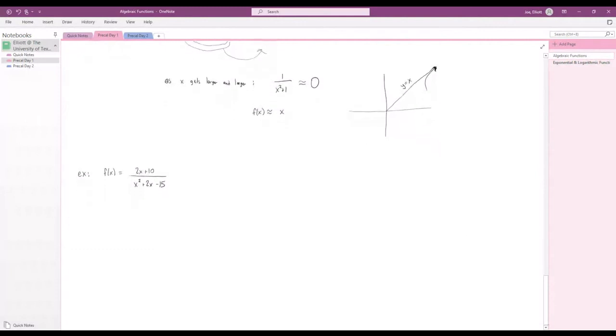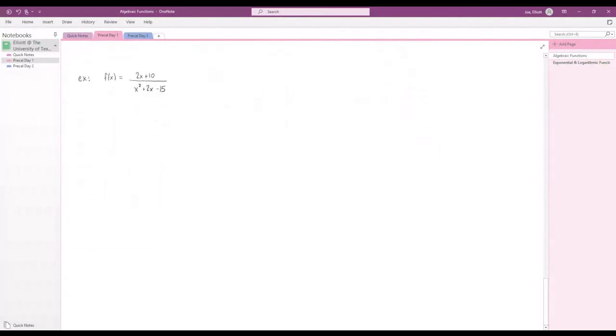So I'm going to look at, at least for now, one more example of a rational function. Okay, all right. Well, this example has a horizontal asymptote, so let's address that question with this example, okay?